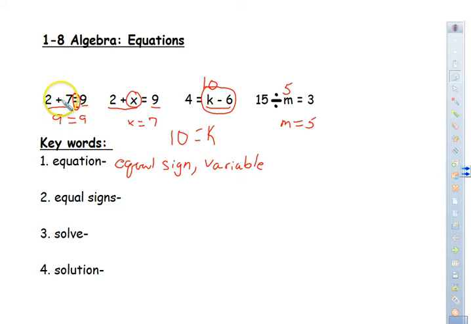And then we also have an operation sign, which would be add, subtract, multiply, or divide, any of those 4. Then we have the equal sign, as we talked about up here.